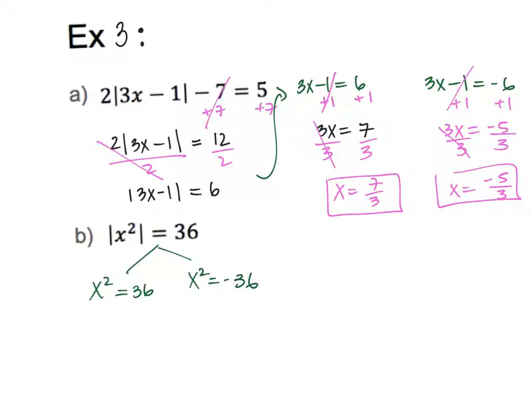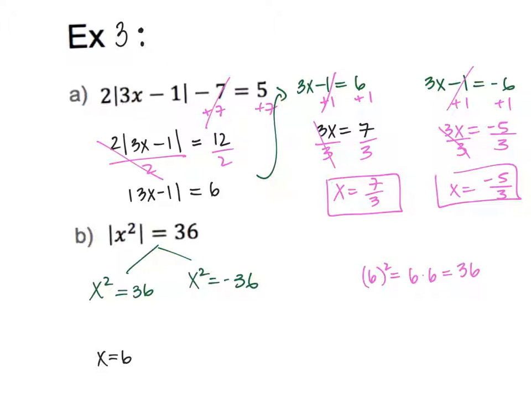Now, I think that when most of us look at this problem here, you guys have this intuitive notion that a number squared gives you 36. Well, that number has to be 6, right? Because let me do this to the side here. 6 squared is just 6 times 6, which is 36. So x here needed to be 6.